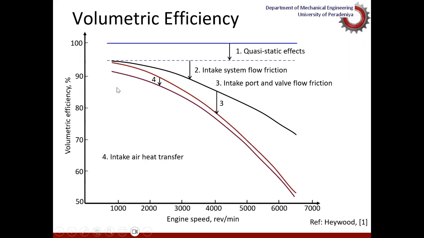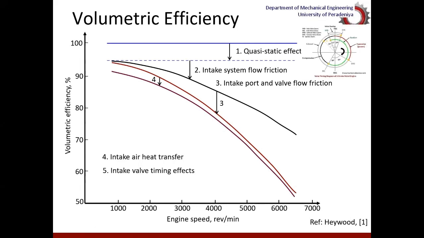The drop at low speeds is more compared to the drop at high speeds, because at high speeds the time available for heat transfer is less. Then come the timing effects at low speeds. Due to the early inlet valve opening, there will be some backflow, and that backflow would drop the volumetric efficiency at low speed conditions.